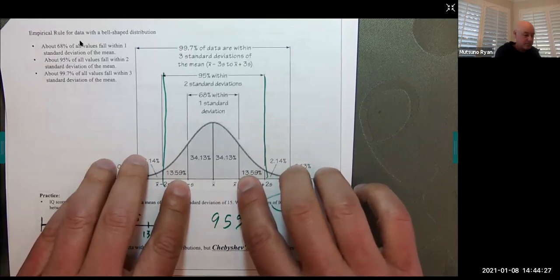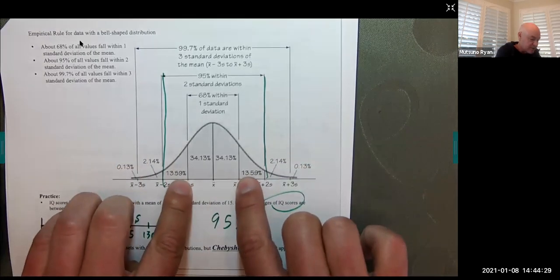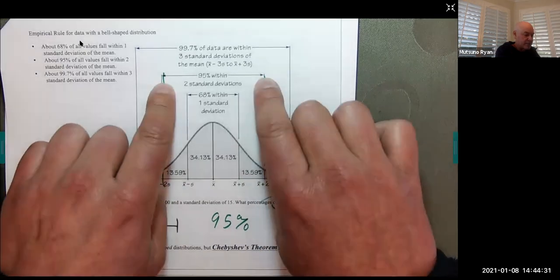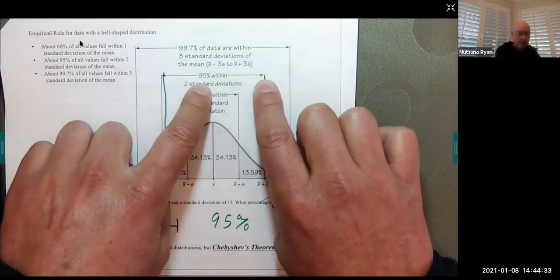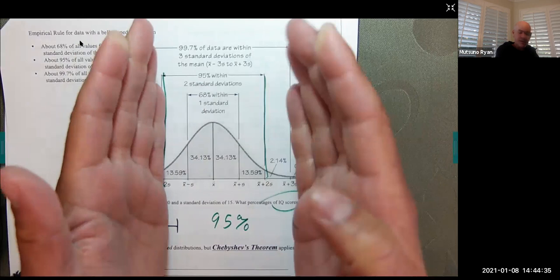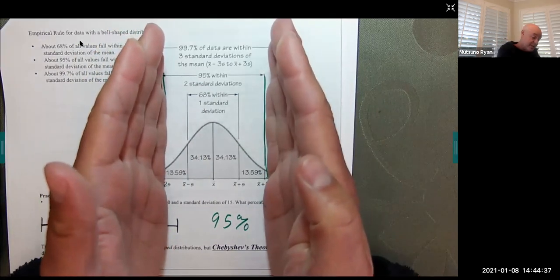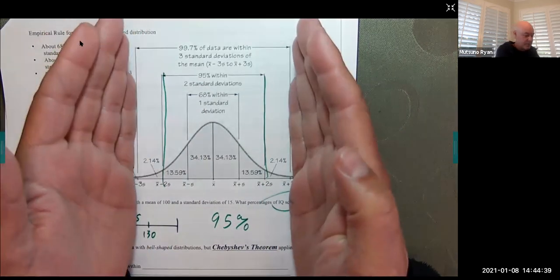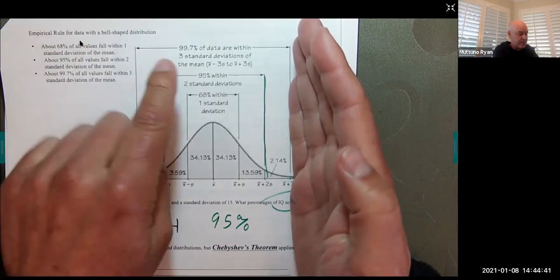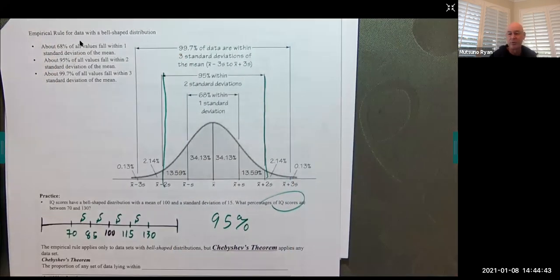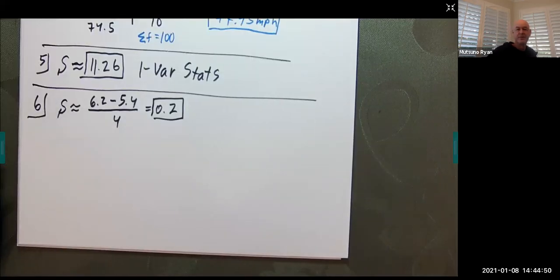If I go 2 standard deviations out, that means I can capture 95% of the data. You can see most of the data is going to be here. If I go 3 standard deviations out, which we normally don't do, then that would capture 99.7% of the information. We'll learn where those numbers come from later in the semester. So just keep that in mind for our number 7.